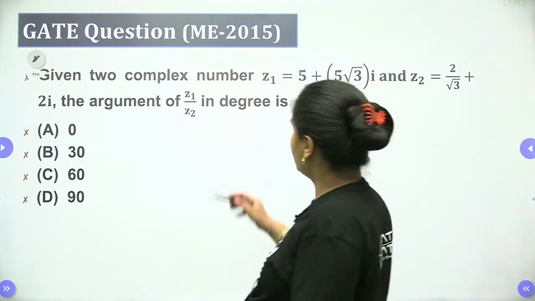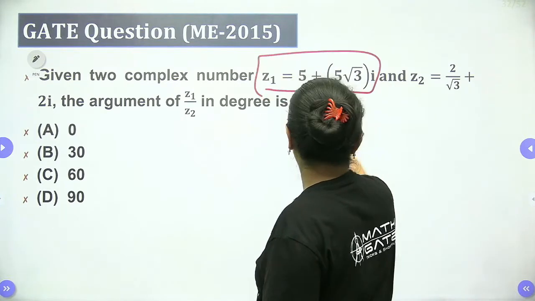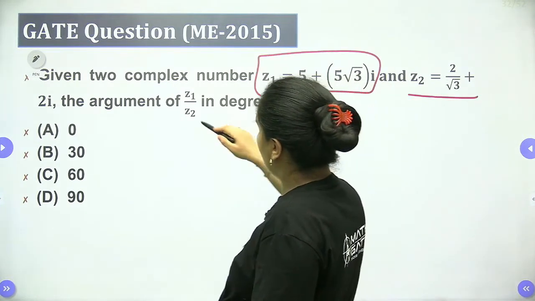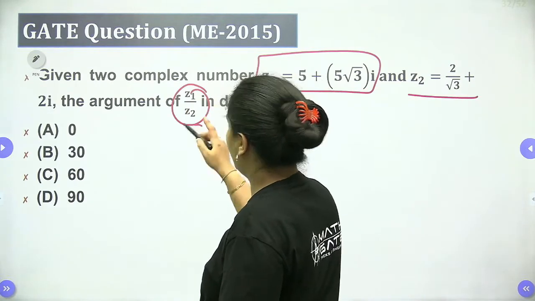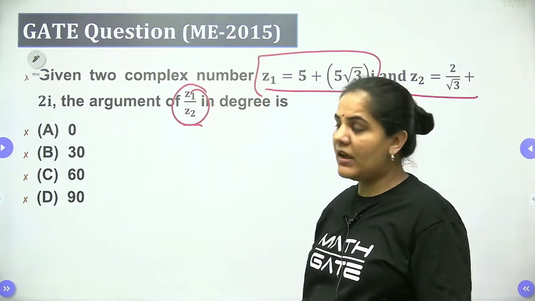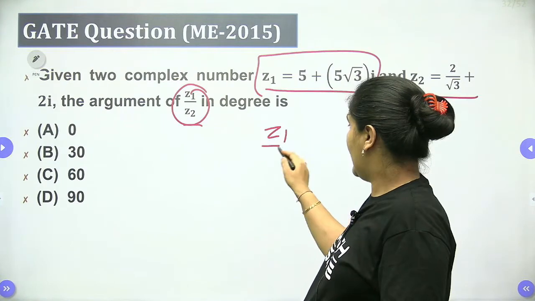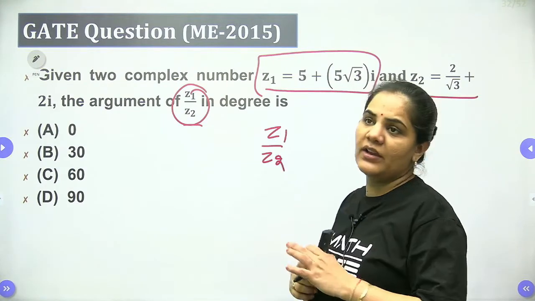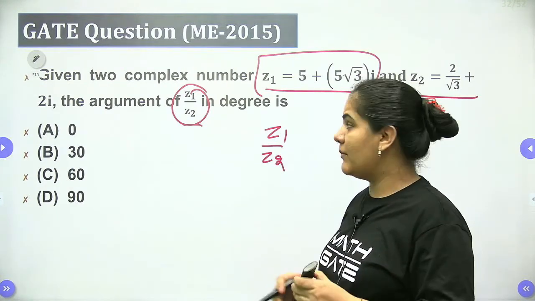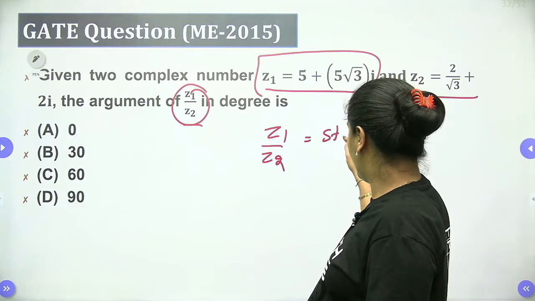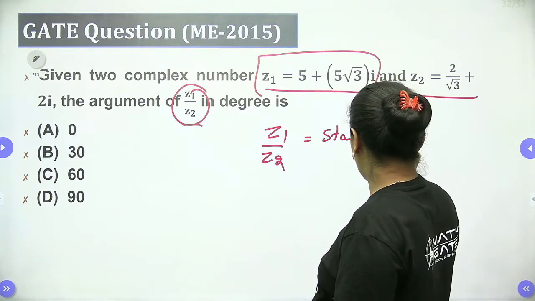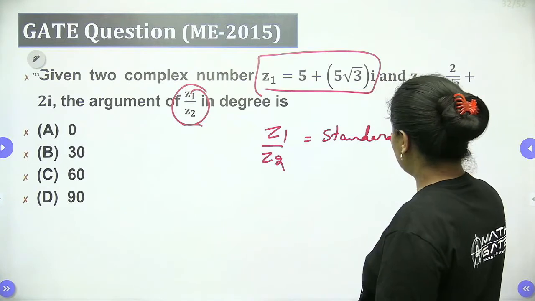So given two complex numbers, z1 we are having first complex number and z2, the argument of z1 by z2. Here we have two options. If you want to find the argument of z1 by z2, either you can make the standard form from here only, by rationalizing.